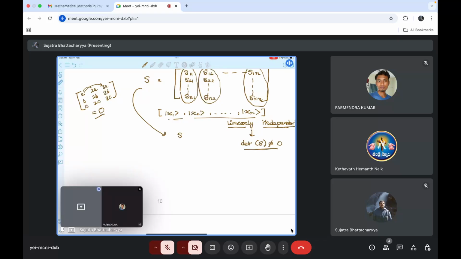If determinant of S is not equal to 0, then S inverse exists. Okay? S inverse exists. Why? Because S inverse is nothing but 1 upon determinant S times adjoint of S. Correct?